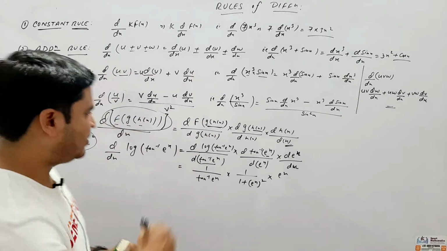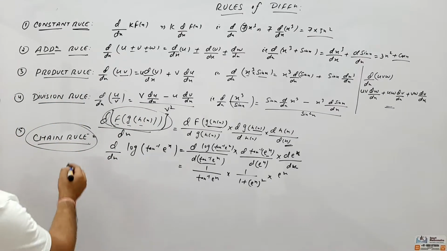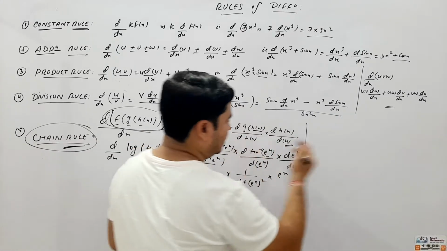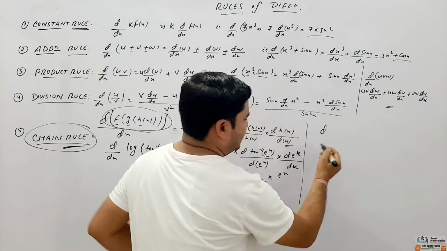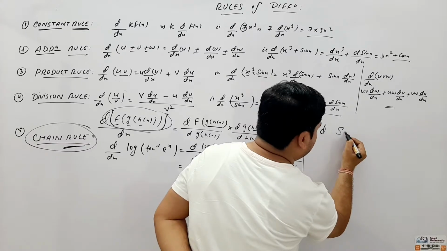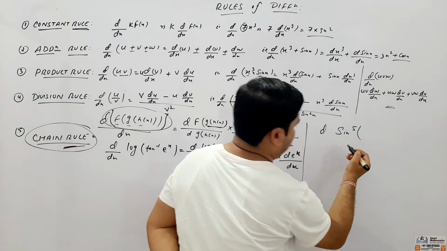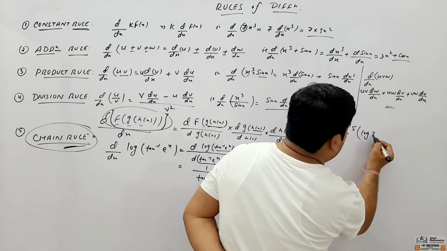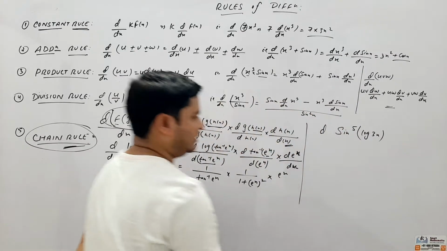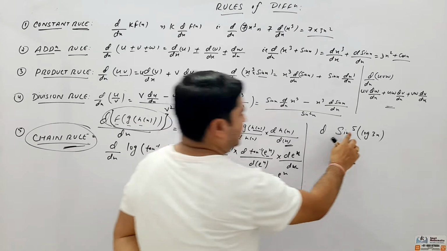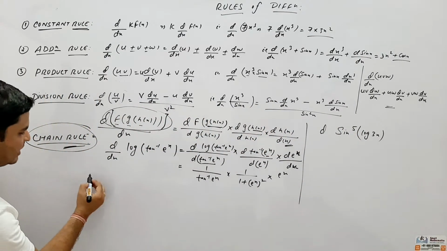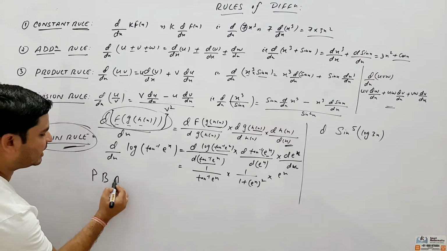Okay, I am giving you one more example so that the chain rule will be clear. See, suppose the function is sine log 3x, whole to the power 5. Here there is a power. I am giving you a short trick, or a smart trick you can say: PBA.